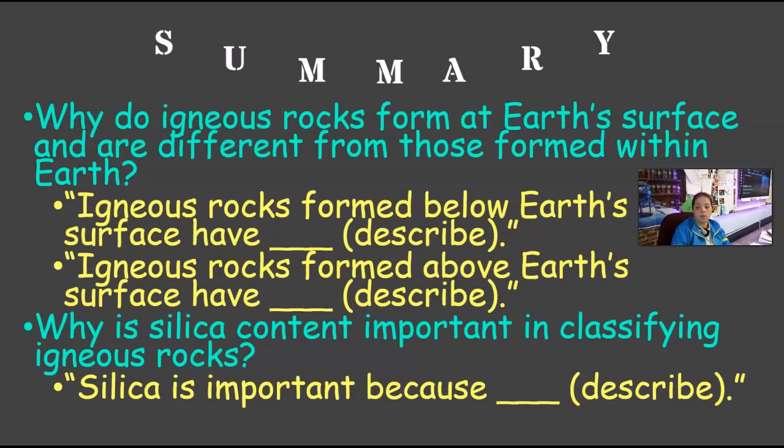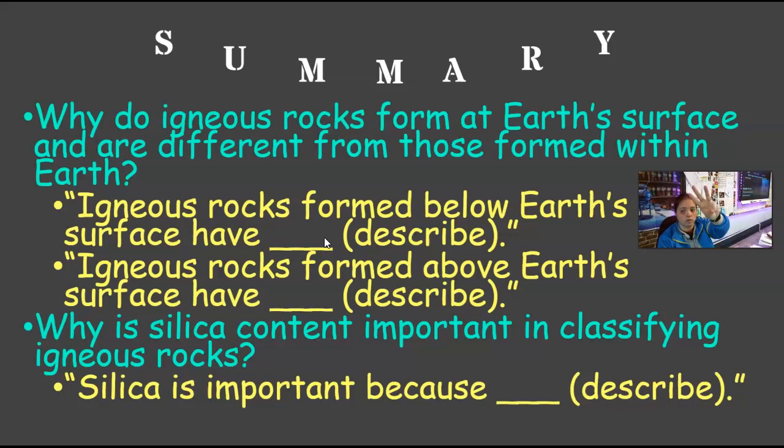All right, like I said, we're going to go back to the summary on page 10. I like these, it's 3 to 5 sentences. These are 3 sentences right here. And there's 3 things for each of these 2 that I want you to write down. So igneous rocks formed below Earth's surface have large crystals. They're called magma, and they're called intrusive.